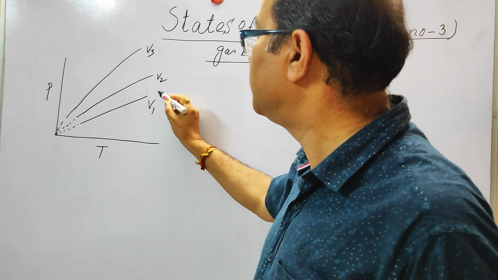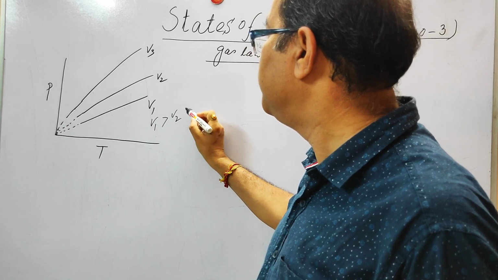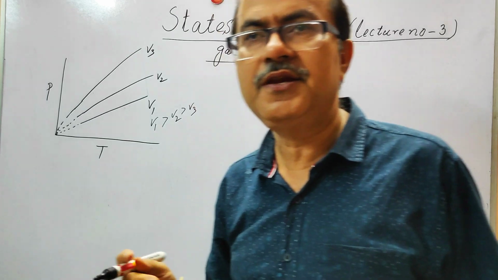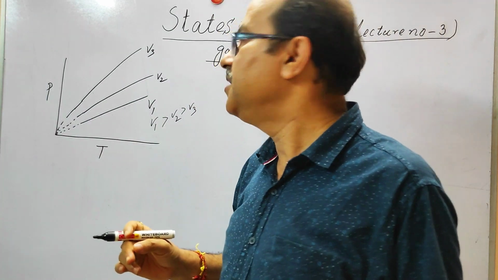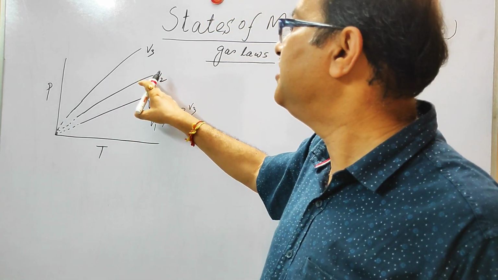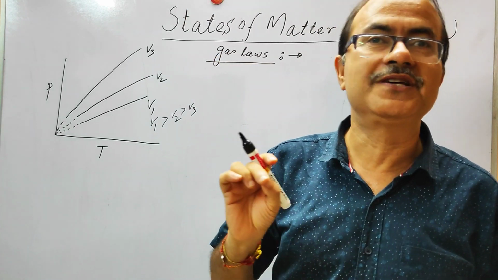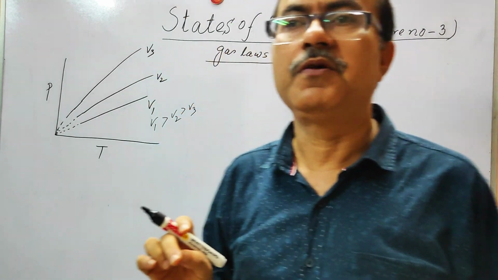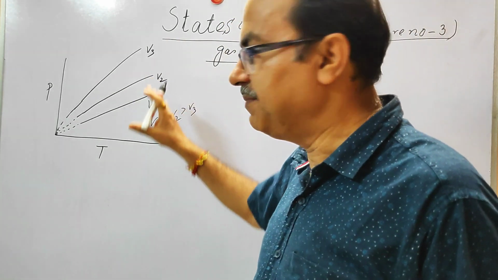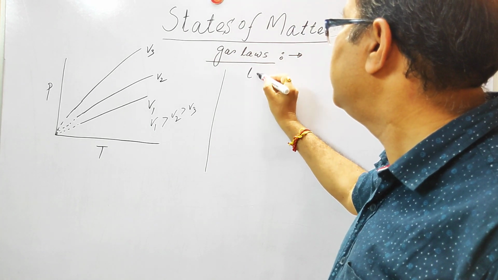Here for constant volumes, V1 is greater than V2, and V2 is greater than V3. Why is it so? Because when the pressure decreases, the volume increases. Naturally V1 will be greater than V2, because as per Boyle's law we know pressure is inversely proportional to volume. So we can understand the graphical representation.